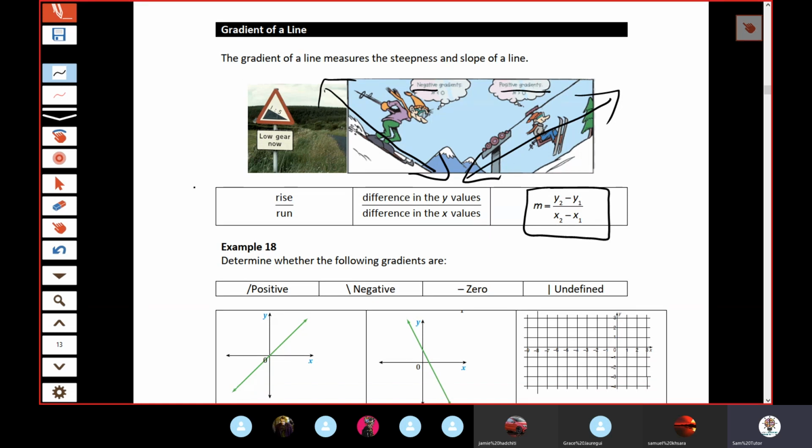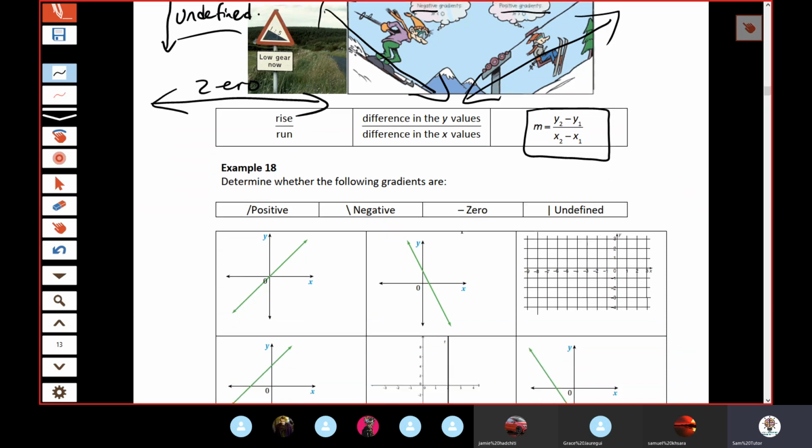If it's got no slope, which means it's flat, it's zero. So it's got a zero gradient. And if something's vertical, that's undefined. You don't have any gradient there. It's not zero, and it's not positive or negative, it's undefined. We can't actually work out that gradient.